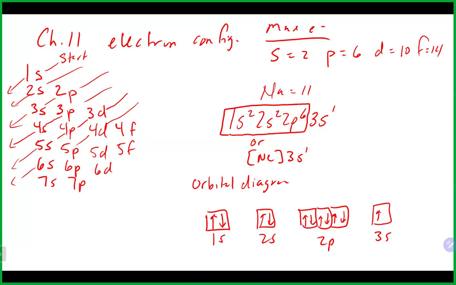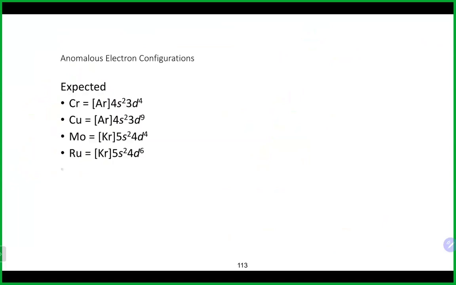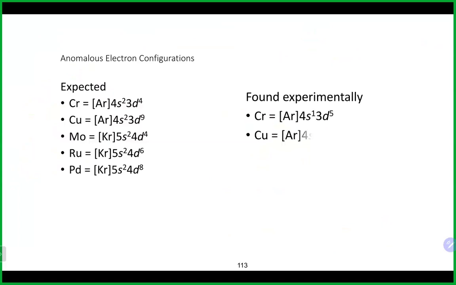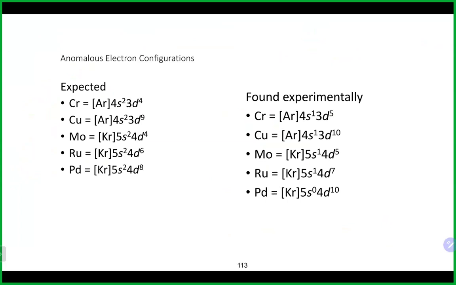All right, so continuing on, we talked about a couple of exceptions to the normal electron configuration last time. As I mentioned before, you are responsible for chromium and copper as the 2 exceptions you should be familiar with.